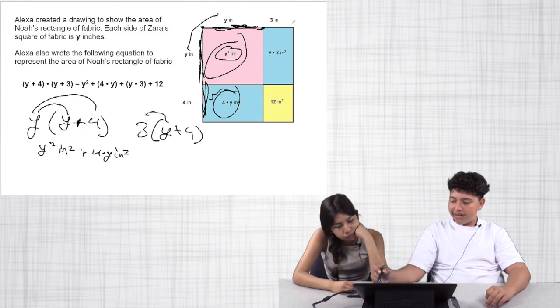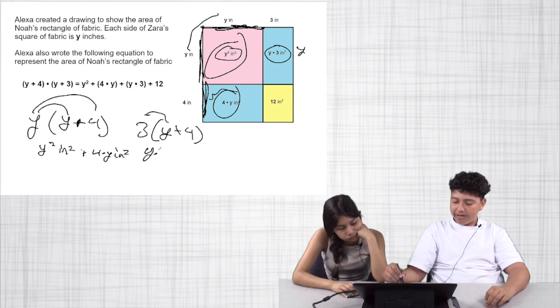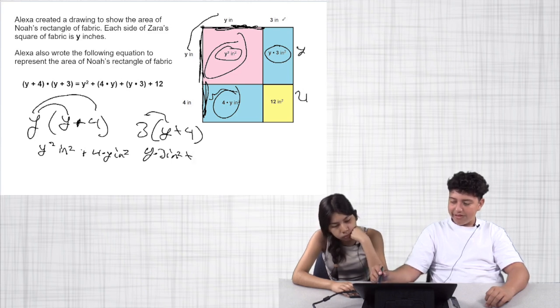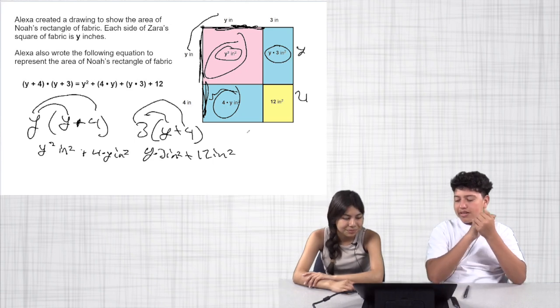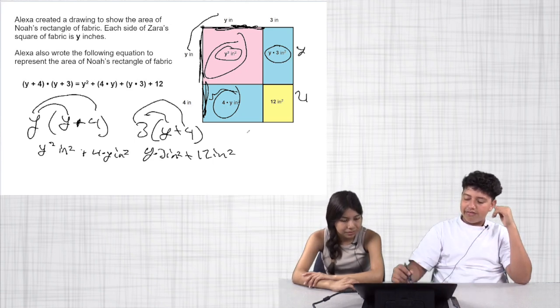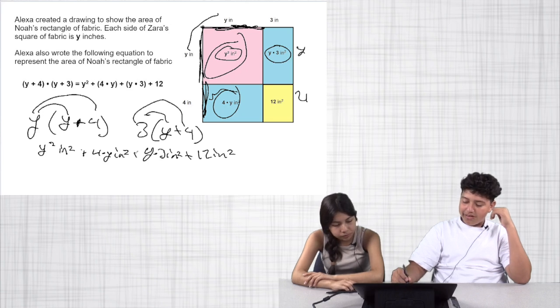The 3 times y is gonna be right here. Plus, and then this is the 3 times 4, distributing too. And that's gonna be the 12 inches squared. Okay. What do you think of that?